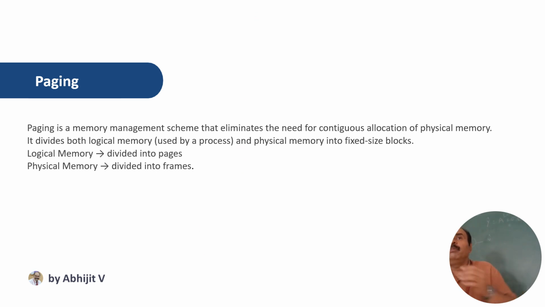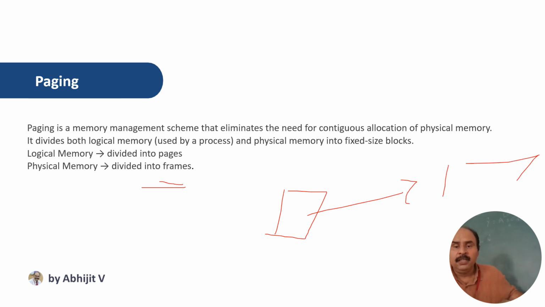So logical memory is divided into pages, and each page is saved in physical memory as a frame. You have a page, and this page is connected to a frame. This is in the logical memory and this is in the physical memory.